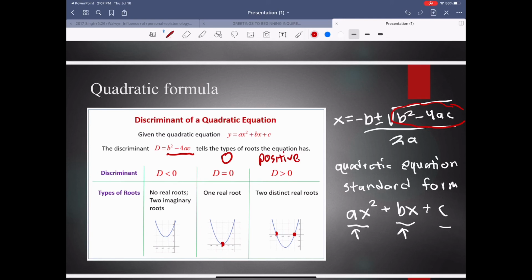Now, here's the tricky one. If you end up with a negative number, that means the parabola will have no x-intercepts, but it will have two imaginary roots, also known as complex roots. So positive, 2; 0, 1; negative, no real roots, but there are two imaginary or complex roots.